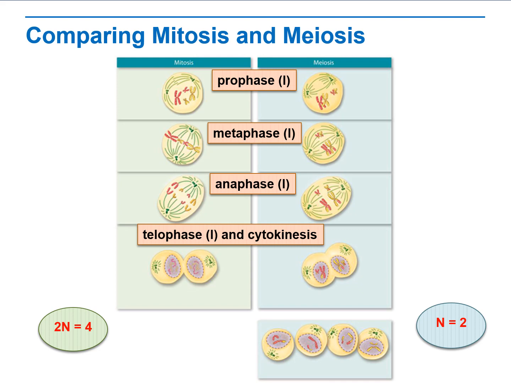Mitosis does not normally change the chromosome number of the original cell. This is not the case, though, for meiosis, which reduces the chromosome number by half. Mitosis results in the production of two genetically identical diploid cells, whereas meiosis produces four genetically different haploid cells.